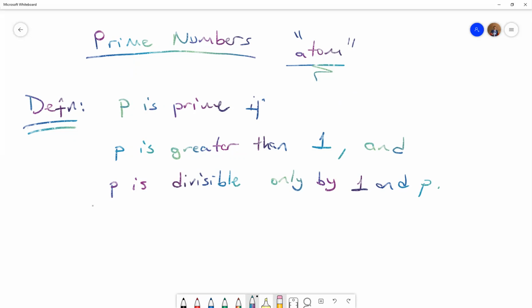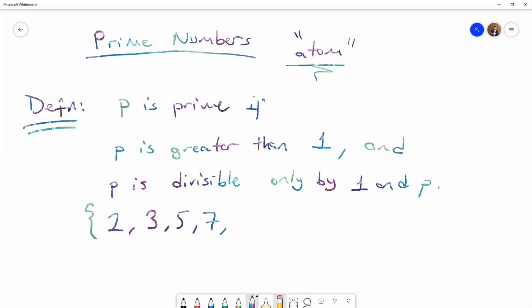So what are the prime numbers? It's starting with 2, 3, 5, 7. Is 9 a prime number? 9? No, because it's divisible by 3. You see, 9 is not a prime number because it is divisible by 3.